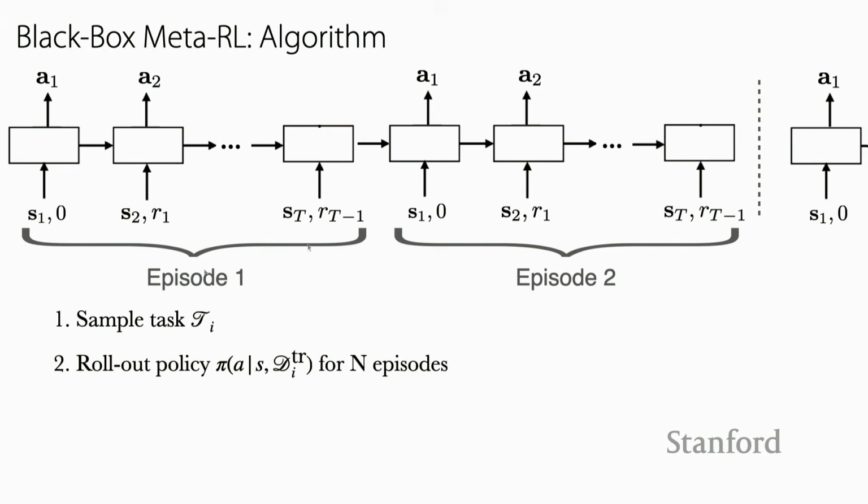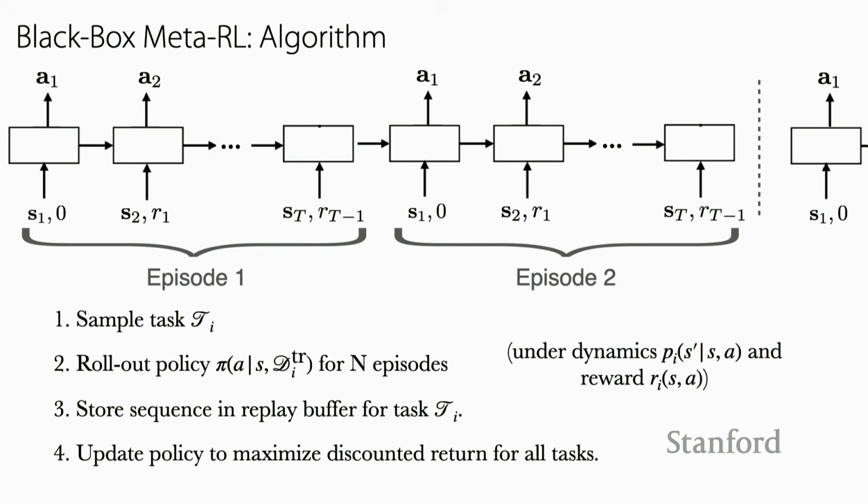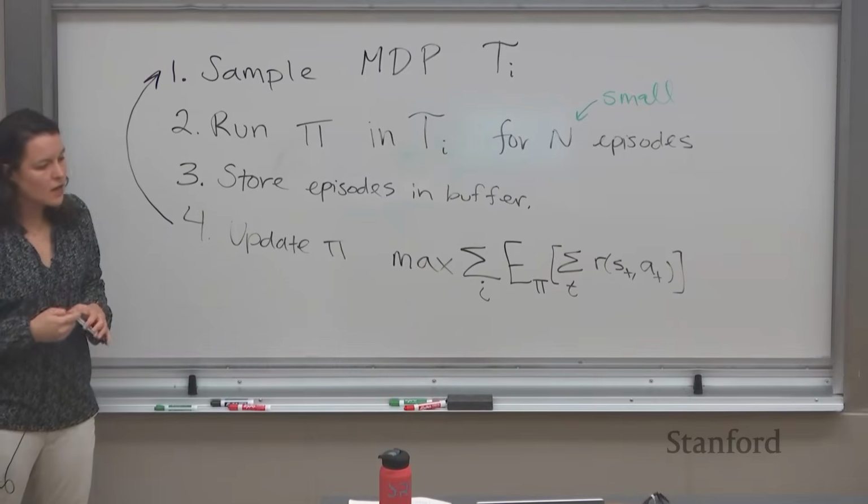You sample a task, roll out the policy for n episodes, in this case n equals 2 in this diagram, under the dynamics and reward function for that MDP. Then store in your replay buffer. Oftentimes you'll have a different replay buffer for each task. Then update your policy to maximize the discounted return for all tasks that you've collected for, and repeat this process in order to continuously get a policy that's better at this sort of in-context adaptation.